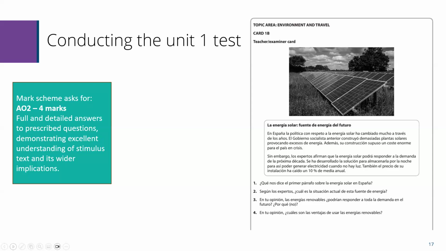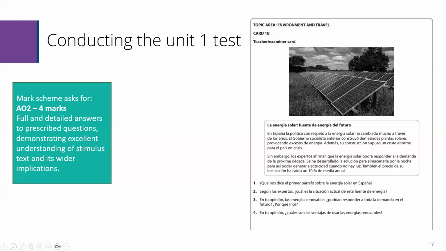So we're wanting full and detailed answers to prescribed questions demonstrating excellent understanding of the stimulus text and its wider implications. So as they answer the questions, they are getting marks for showing that they've understood the text.